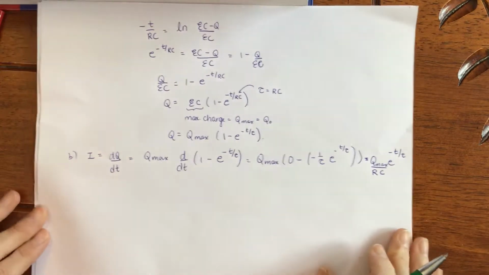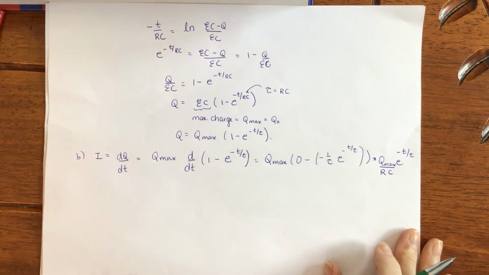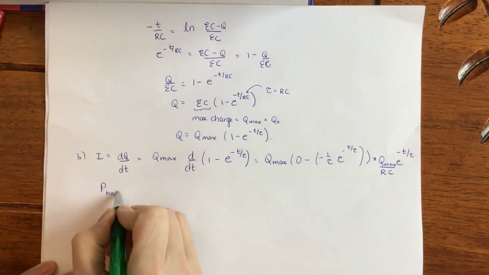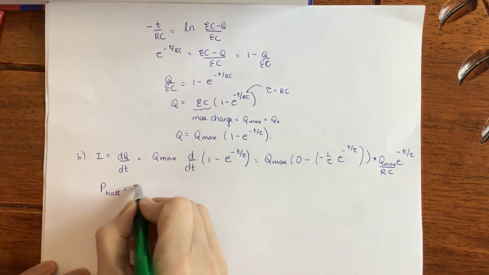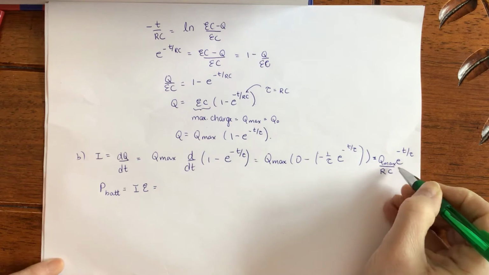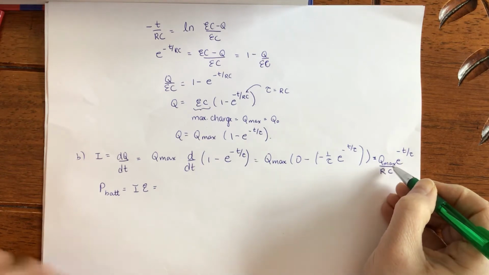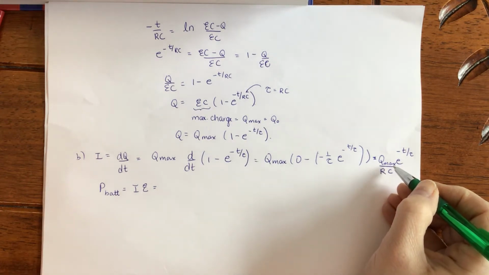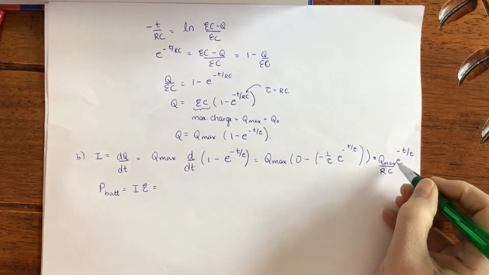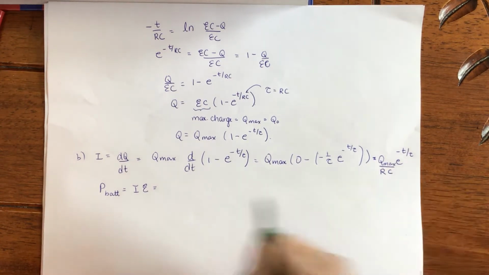We can use this expression for current now to find an expression for the power supplied by the battery. So the power supplied by the battery is current times potential. Let's deal with this a little bit further.